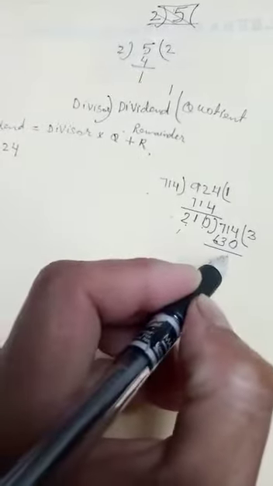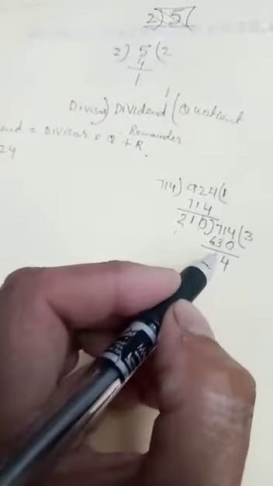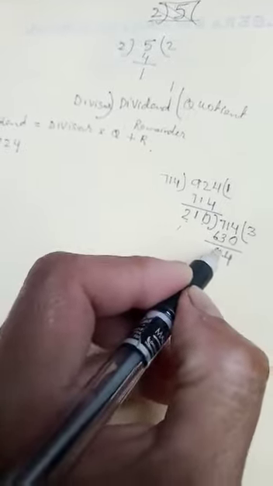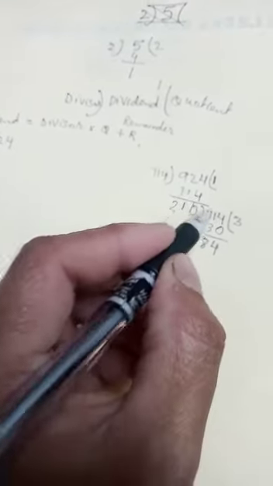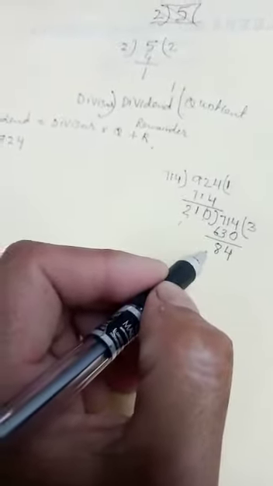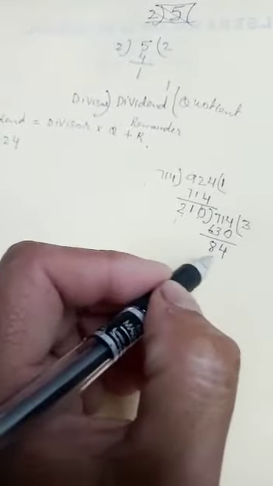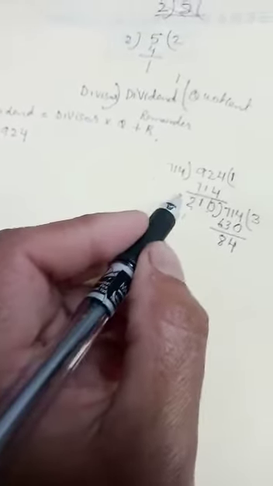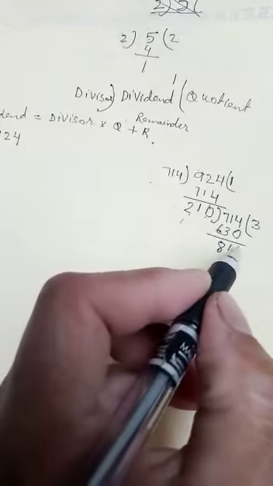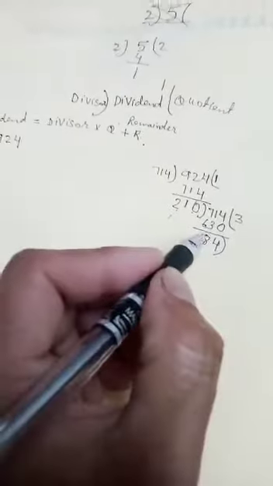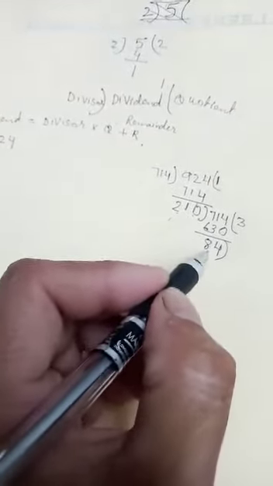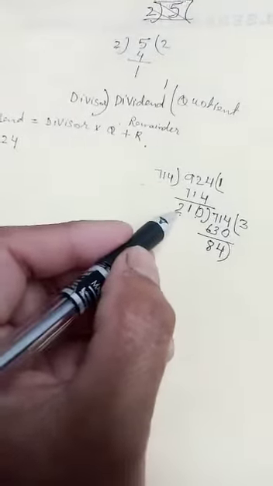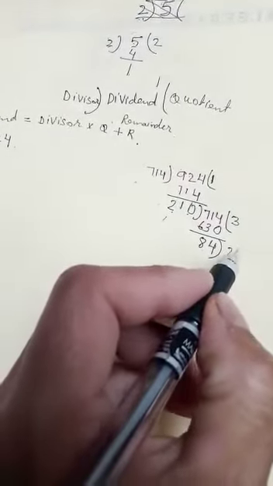Then now you subtract: 14 minus 0, 4, 11 minus 3 will be 8, and 7 minus 6, 1. Again you see the remainder is less than the divisor, so no need to go decimal. Again the process will repeat. This remainder now becomes the divisor, and this divisor now becomes the dividend.